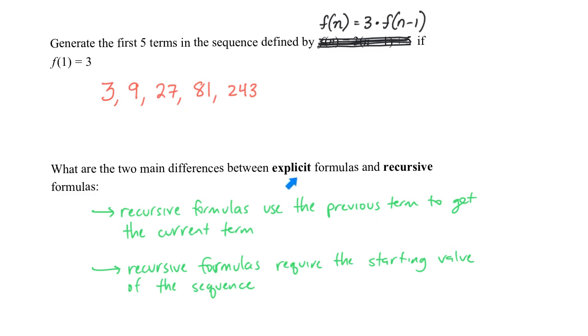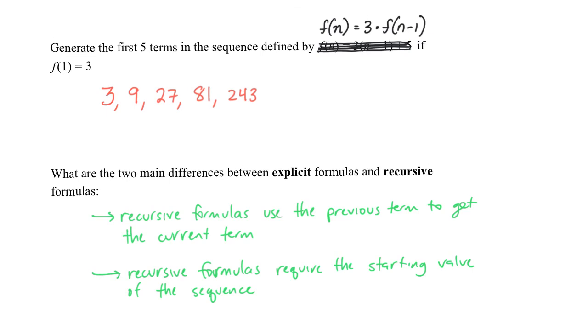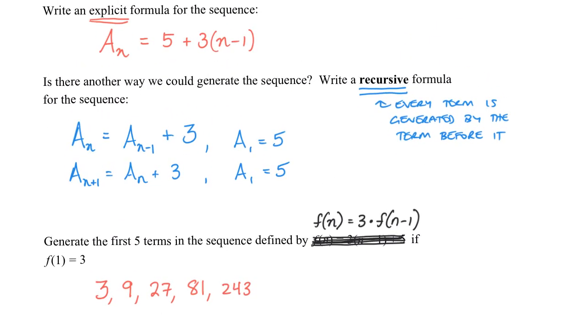So explicit formulas and recursive formulas have advantages and disadvantages. You need to be comfortable working with both, and you need to recognize both. The easiest way to recognize a recursive sequence is that the name of the sequence is in the formula itself. Explicit formulas don't have the name of the sequence in the formula.